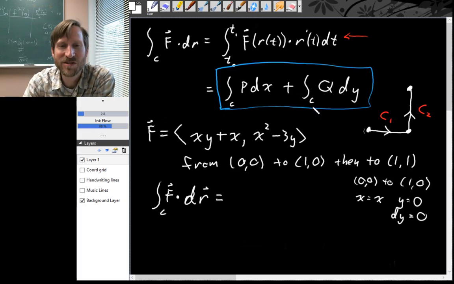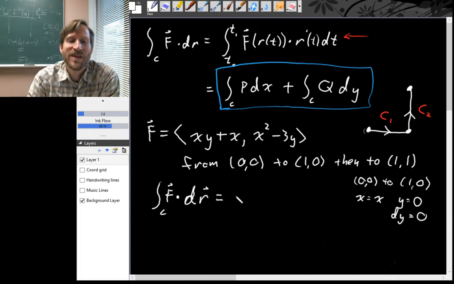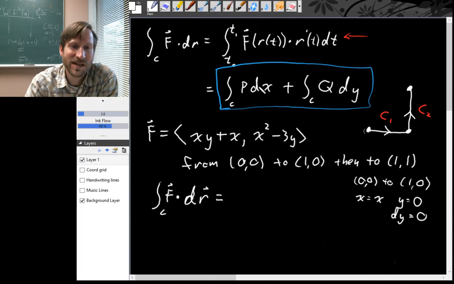So the part of this integral with dy in it, we don't even need to write down because it's obviously 0. So let's just write down the part of the integral that has P and our x's in there. If x is x, dx is dx. So this dx part is just dx.